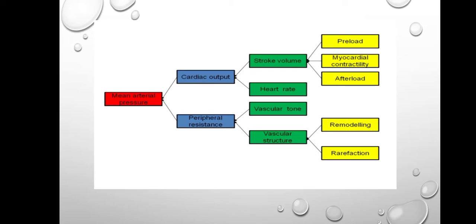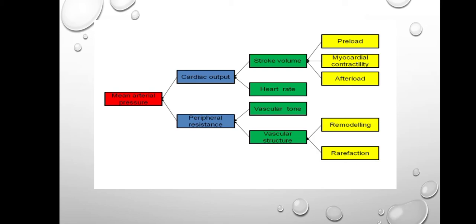Okay, so this, guys, is just something to show you what we've already talked about. Remember, we talked about blood pressure, and I said when you talk of blood pressure, think of cardiac output and peripheral vascular resistance, because these are the two main factors that determine blood pressure, which is the mean arterial pressure.